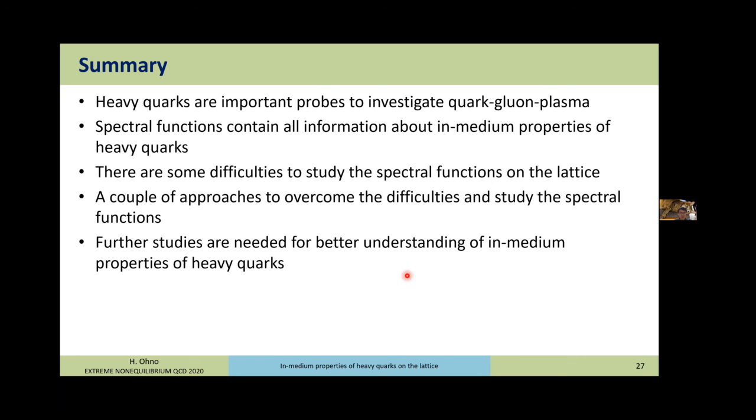So maybe one has to further study this spectral function, and maybe one needs a more precise calculation to get a more precise value of the melting temperature and diffusion coefficients.